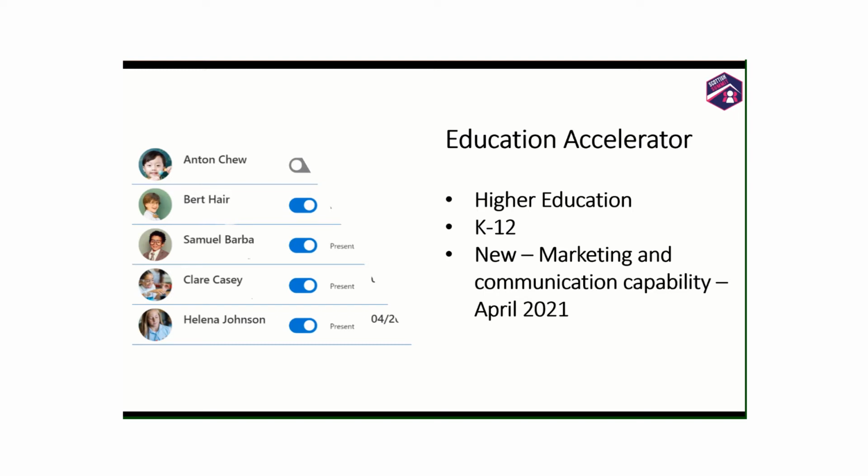Especially when kids are studying remotely, or are only able to go to school on certain days, communication between schools and homes, parents and kids, is very important. That is a new functionality that will be added in the 2021 release. It's probably around April 2021 that we will be able to get a view of it.